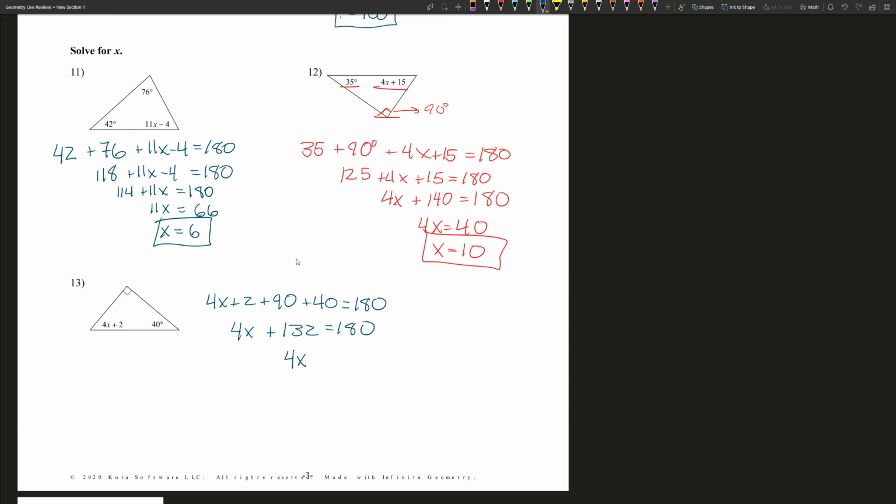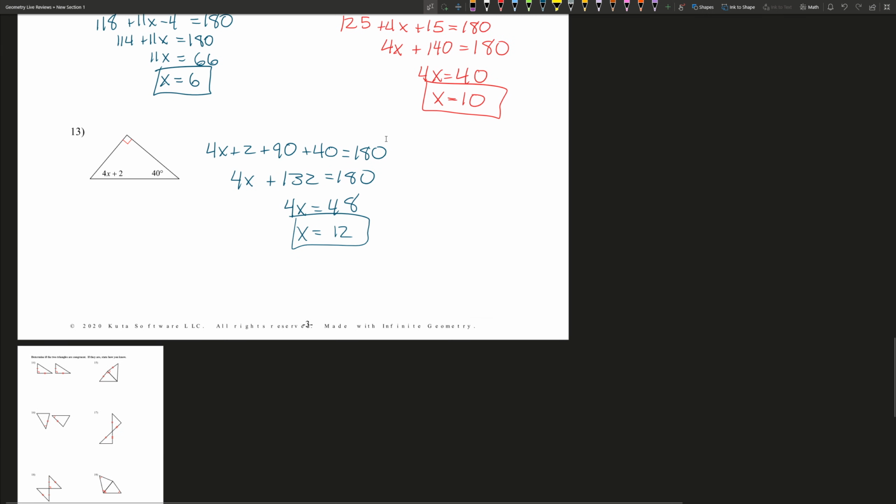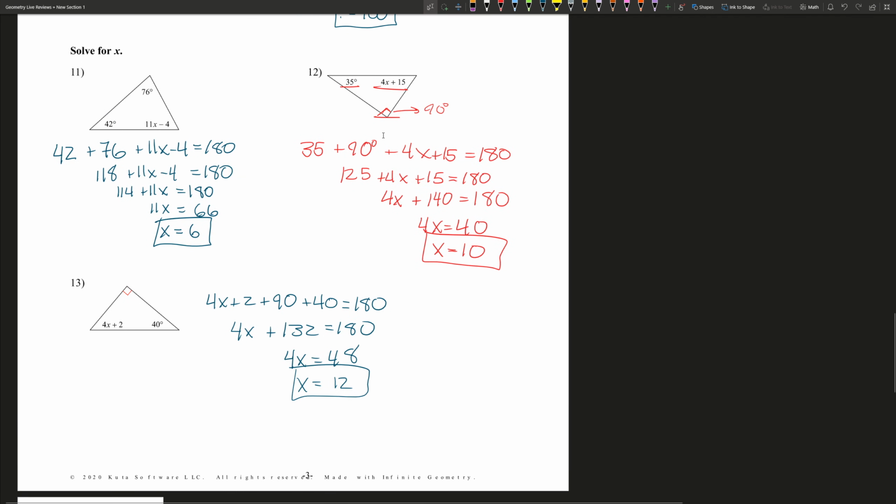So 4x will equal 48, and x will equal 12. Before we move on to theorems, are there questions about 11 through 12?